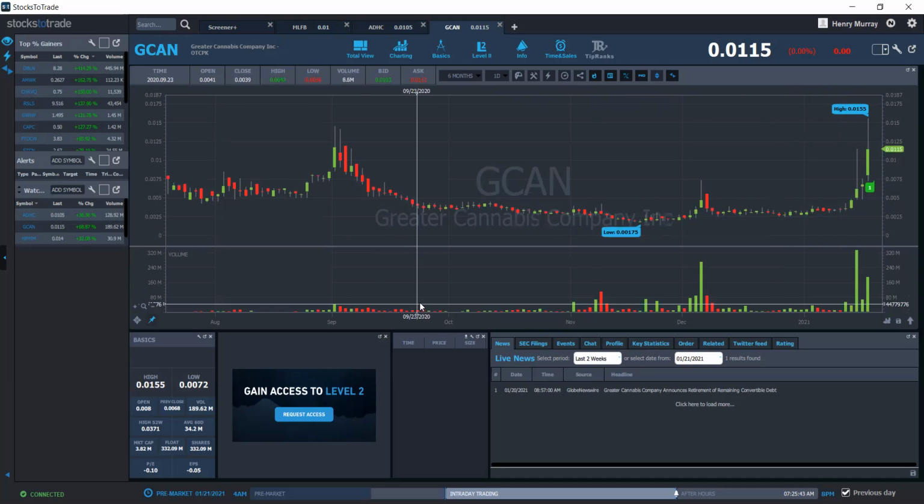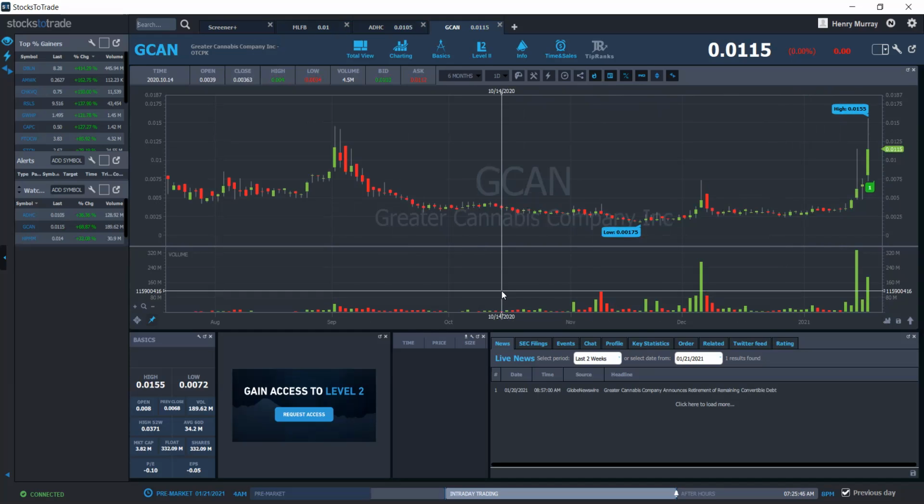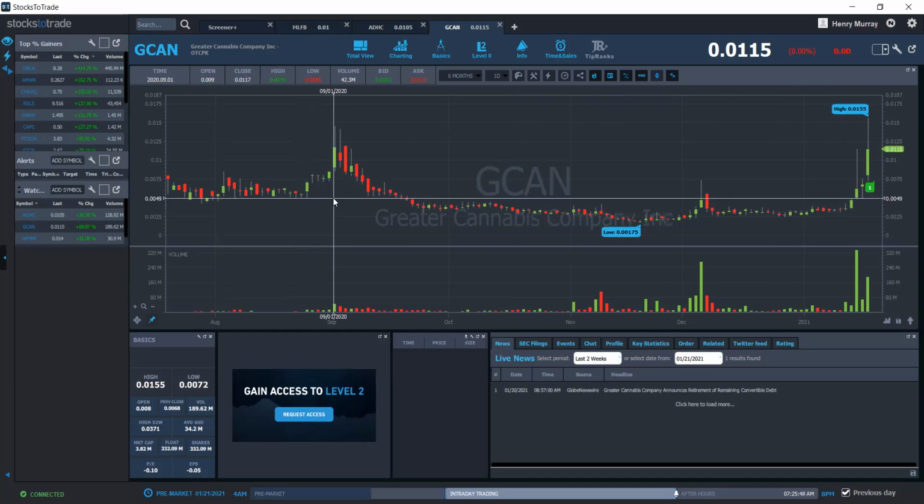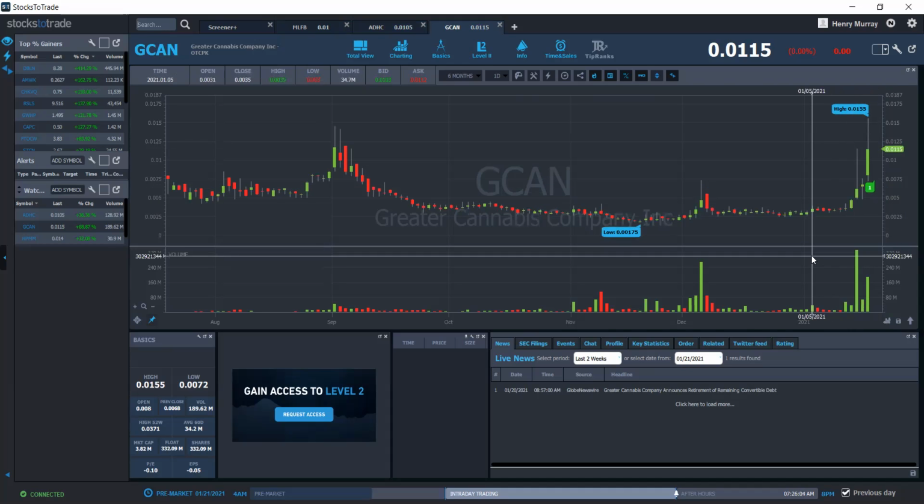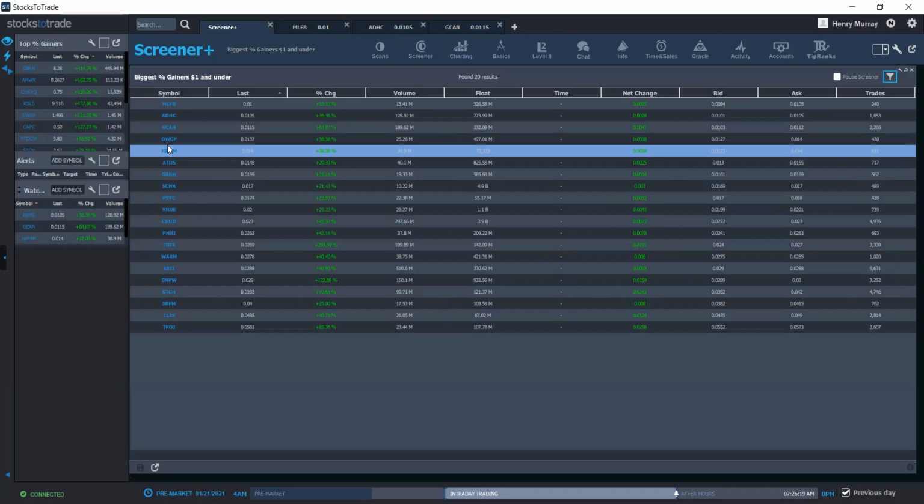And within this time frame, we can see that this stock has spiked 3 times. Here for 2 days, here again for 3 days, and now it is spiking for 4 days. This is a multi-day runner, displaying the supernova chart pattern. So I'll add this one to my list, GCAN.